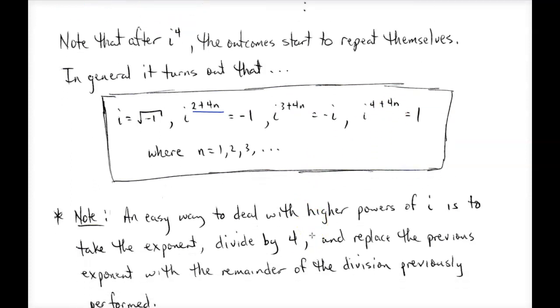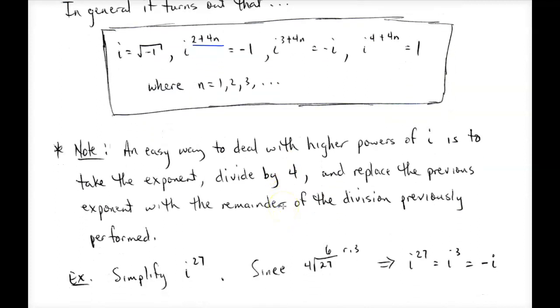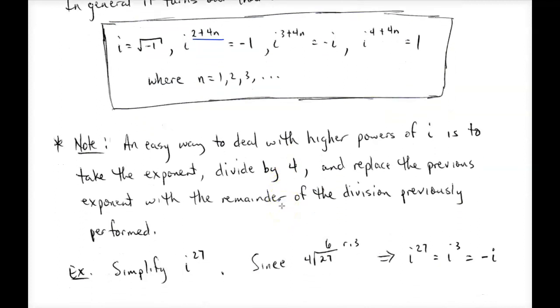The easy way to do it is to divide whatever number you have in the exponent by 4. Whatever the remainder is, that's what you'll use to evaluate. To give you a simple example, look at i raised to the 27. If we take 27 divided by 4, that's 6 with a remainder of 3. So i raised to the 27 is the same as i raised to the 3.